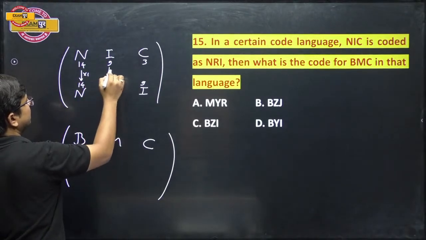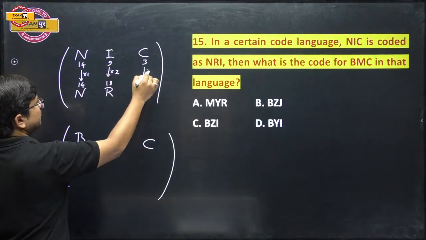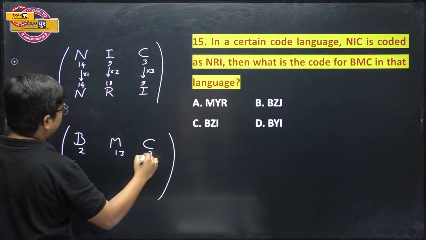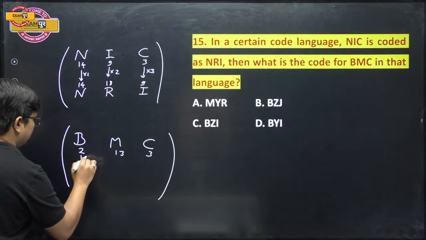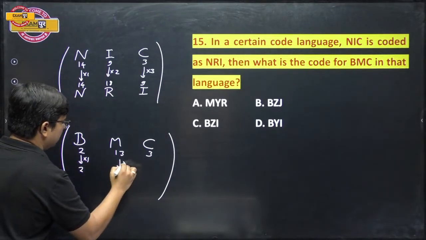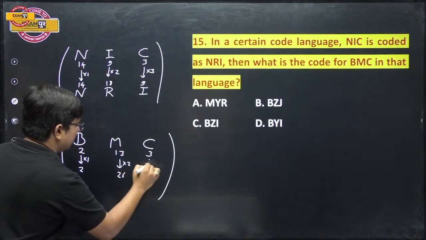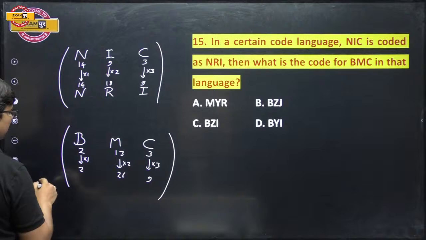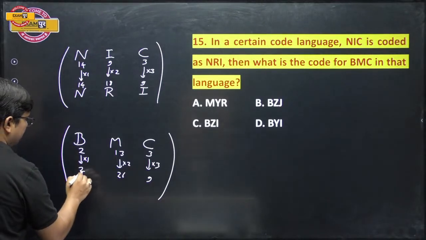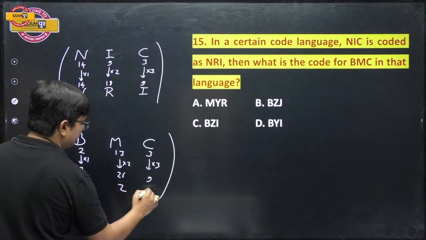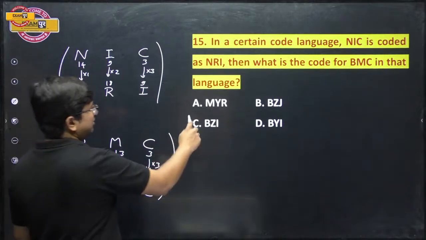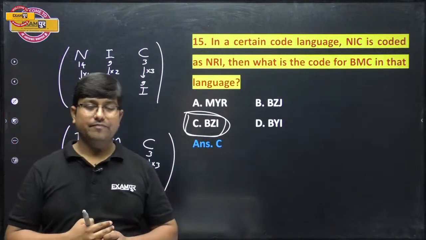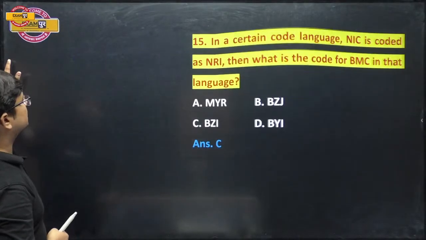Multiplied by 1, multiplied by 2, multiplied by 3. Okay, multiplied by 1, multiplied by 2, and multiplied by 3. So now what will happen? My dear students, here it will be B only, here it will be Z only, here it will be I. So BZI. Answer is option number C, BZI. All right, everyone. Next.